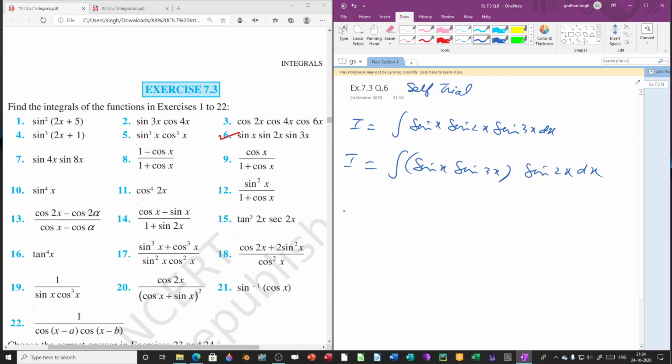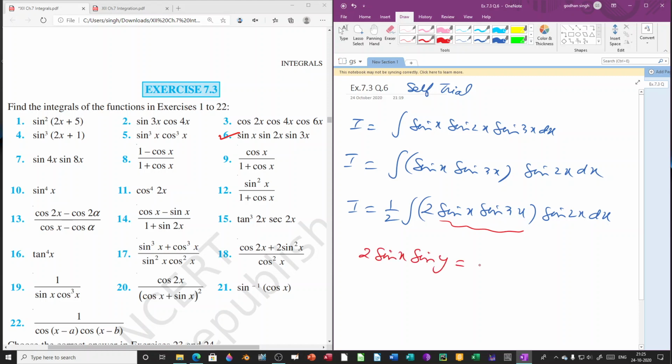Next step will be multiplying and dividing with 2. So I equal to half integration of 2 sin x sin 3x into sin 2x dx. Here we can apply the formula of 2 sin x into sin y, which is equal to cos of x minus y minus cos of x plus y.